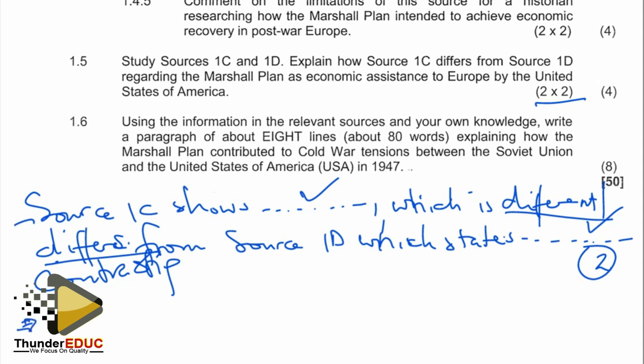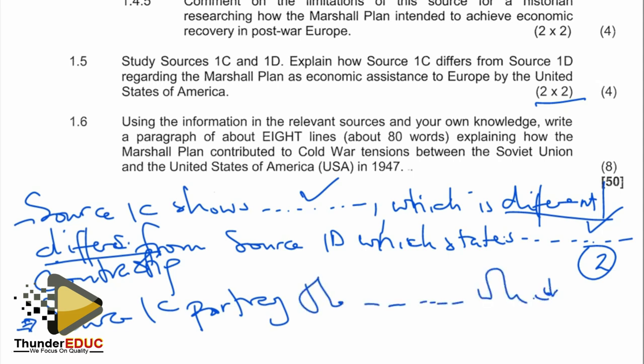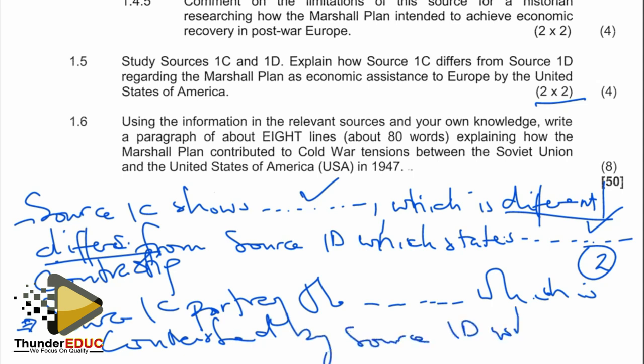You go again to source 1C, find something. Source 1C portrays the US dollar as this, which is contrasted by source 1D, which says whatever I said in source 1D.